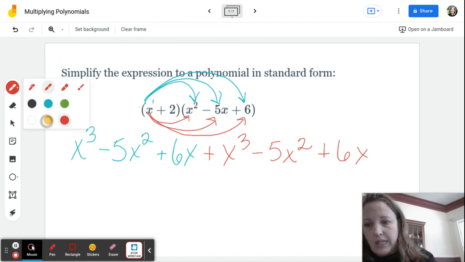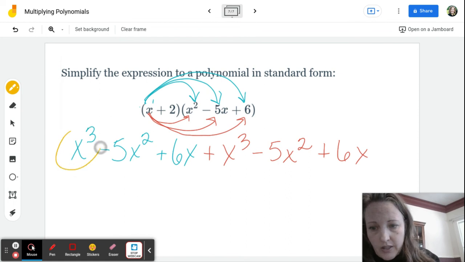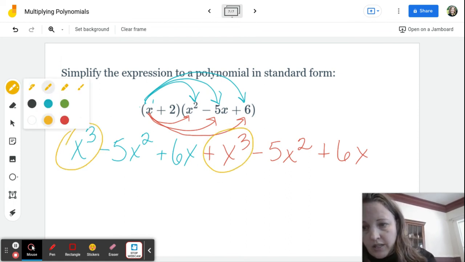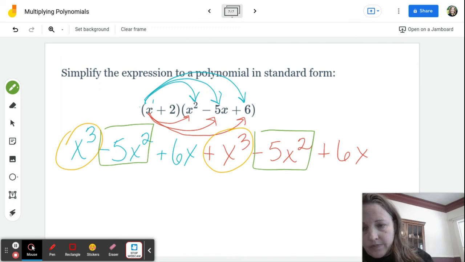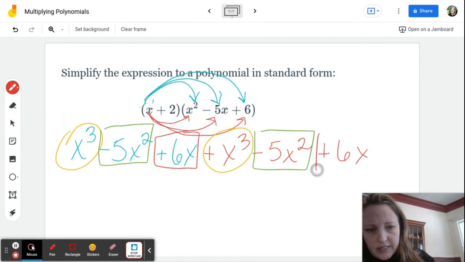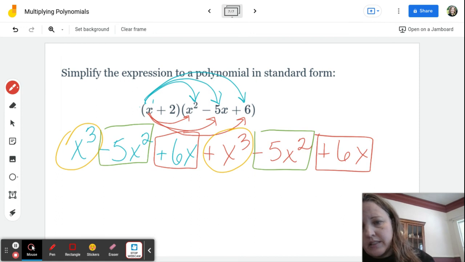We're going to combine like terms. I have x to the third and a positive x to the third. I have a negative 5x squared and a negative 5x squared. And I have a positive 6x and a positive 6x.